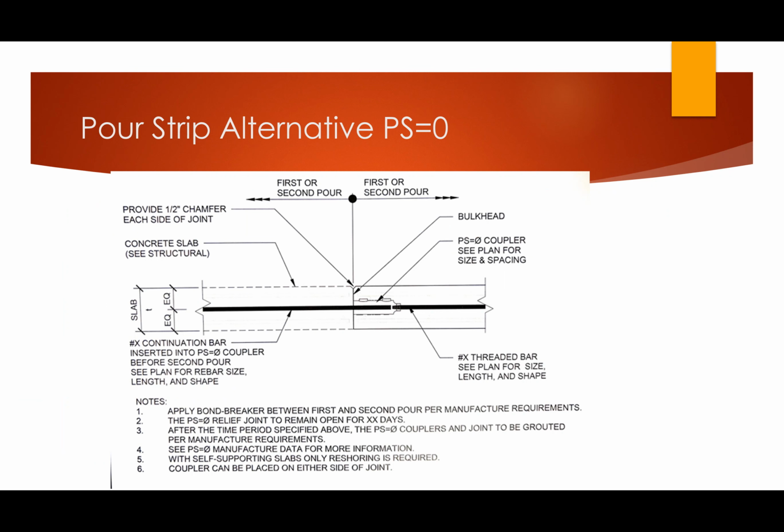So the construction joint here between the first and second pour is going to open up over a 60-day period or however long you specify. And then at the end, everything just gets grouted such that you have a continuous load path. Now, they can also design this system such that backshoring is not required.